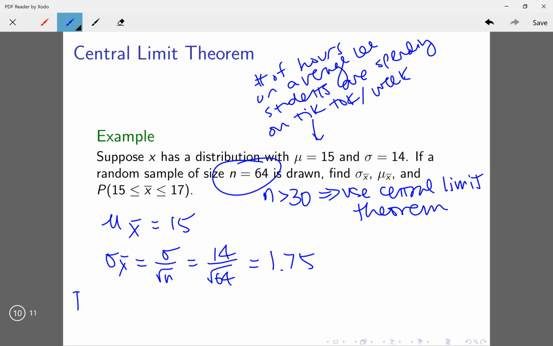So the probability that my sample of 64 students spend on average between 15 and 17 hours on TikTok in a week, we need to find the z-scores, just like we did before.